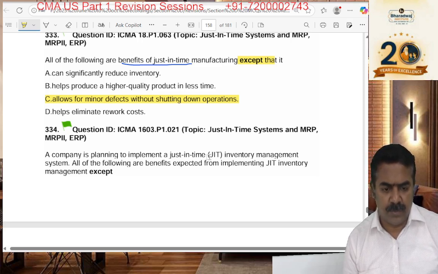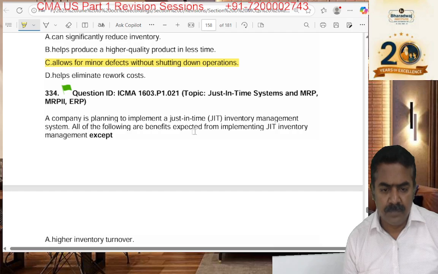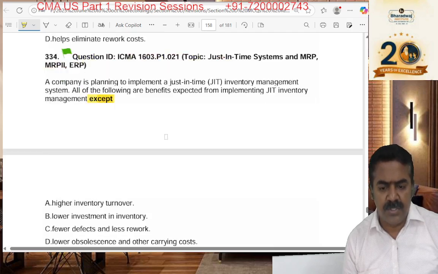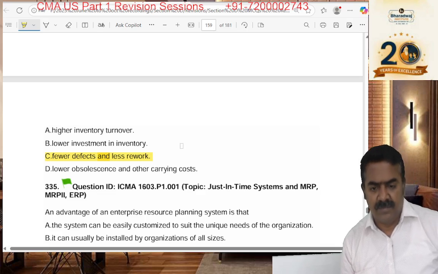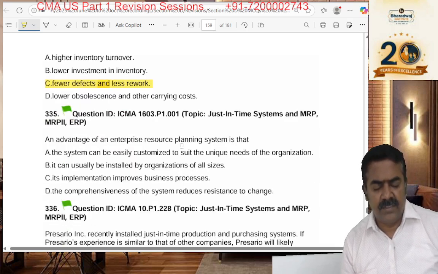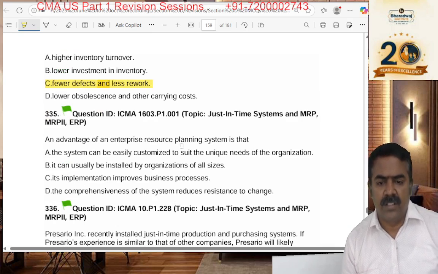Read 334. Except this is also an exception to JIT. This is nothing to do with JIT. JIT is not talking anything about defects and rework.